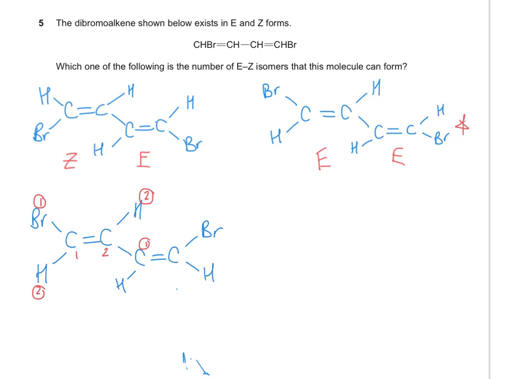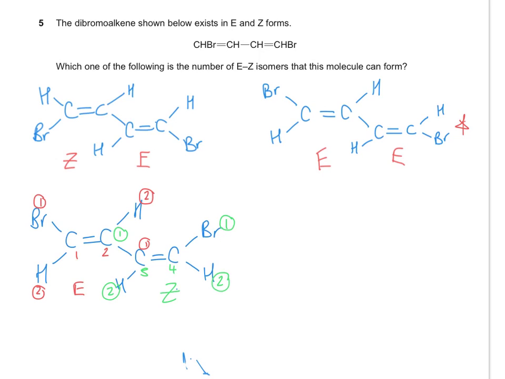And so we can see that our highest priority groups are on opposite sides of the double bond, and so this is an E. And then for the second double bond, for carbon 3, carbon has a higher priority than hydrogen, and bromine has a higher priority than hydrogen. And so what we find here is that we've got our highest priority groups on the same side, and so this is a Z isomer. So here we've got an EZ combination.